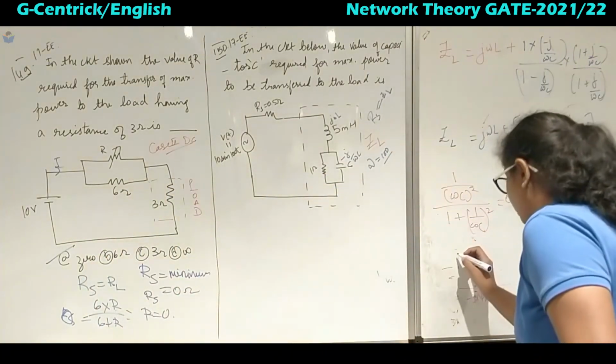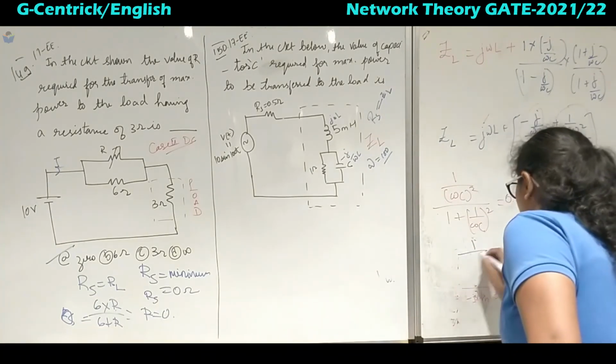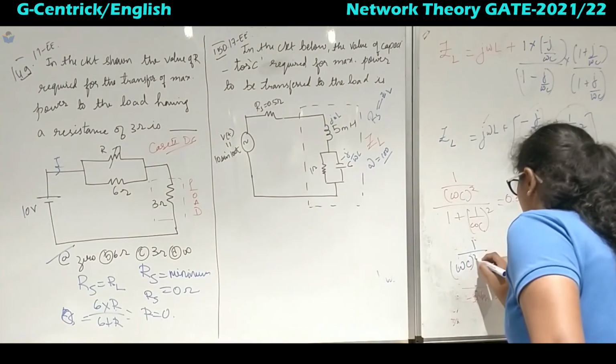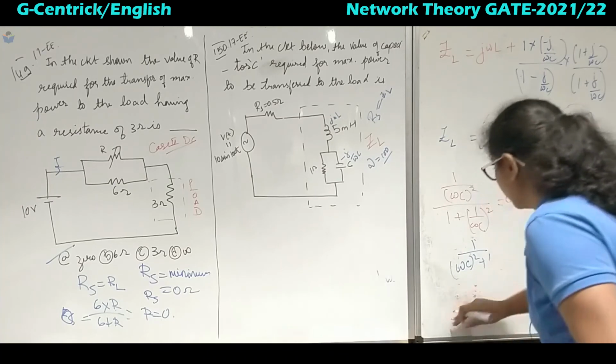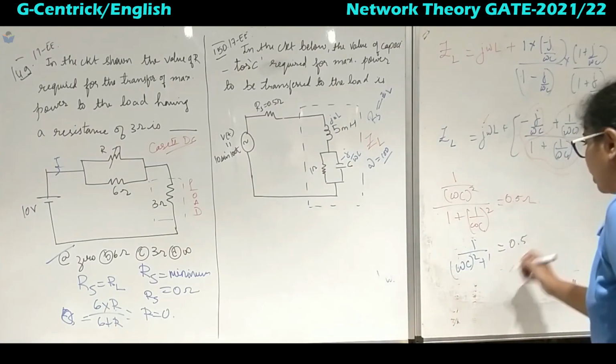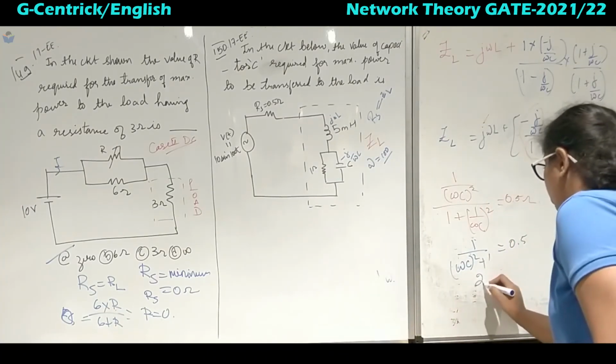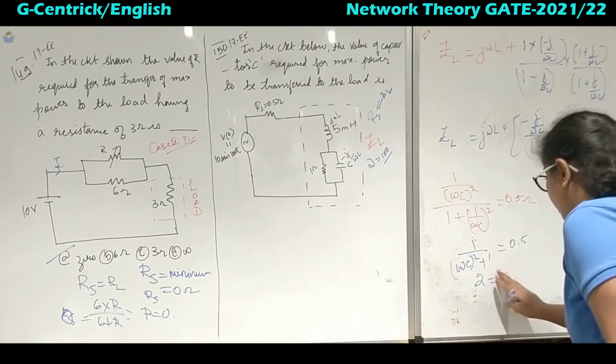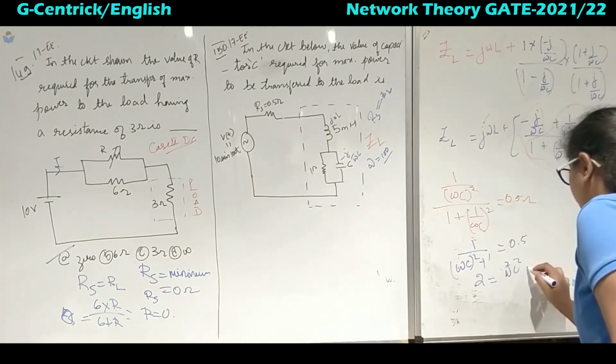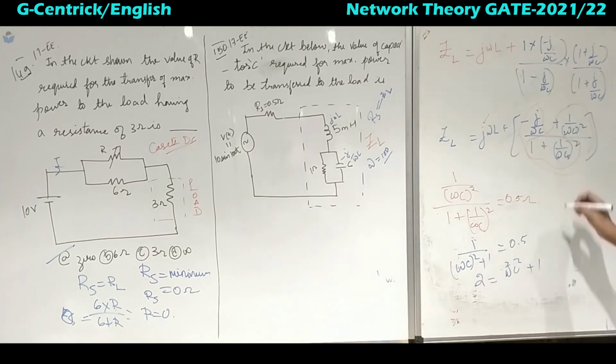Okay, so now you can simplify this one. You will get 1 by omega C whole square plus 1. Okay, so this will be equal to 0.5. Cross multiply, you will get 2 equal to 1 by omega C whole square plus 1. So when 1 goes over there, you will get 1 equal to omega square C square.